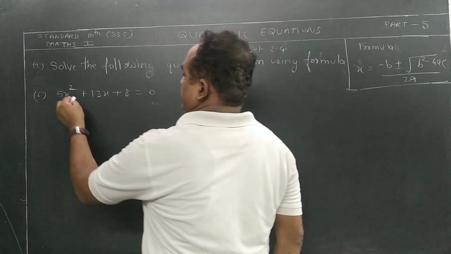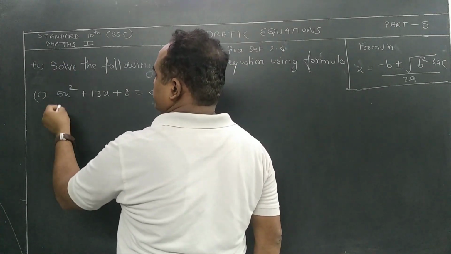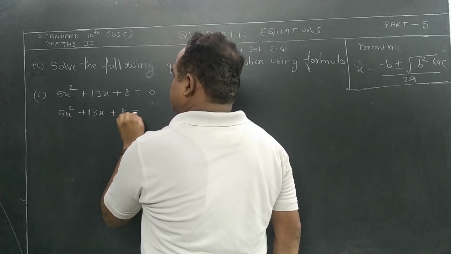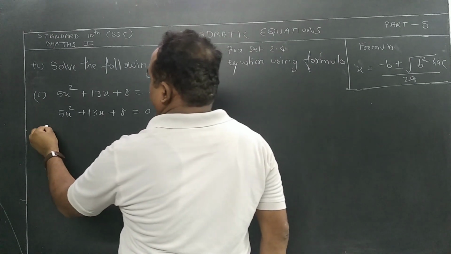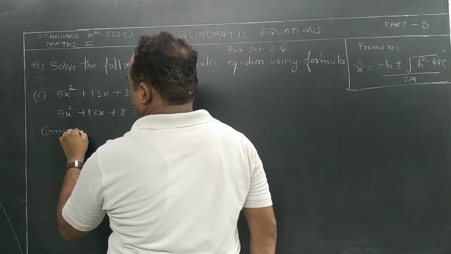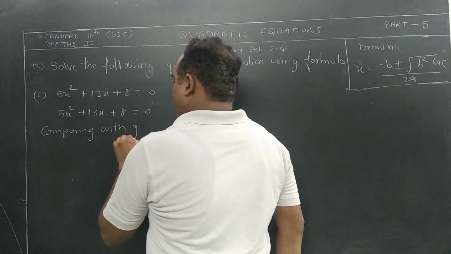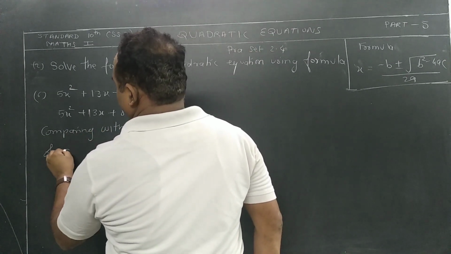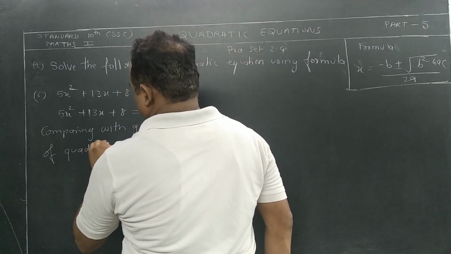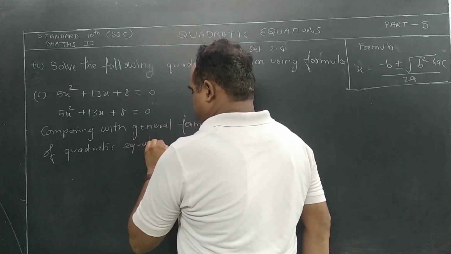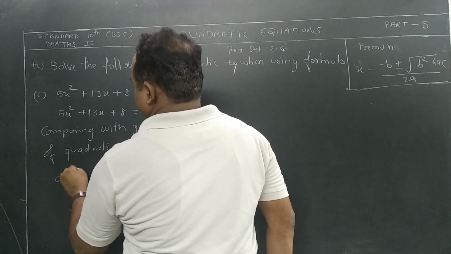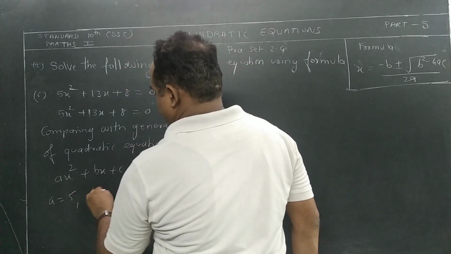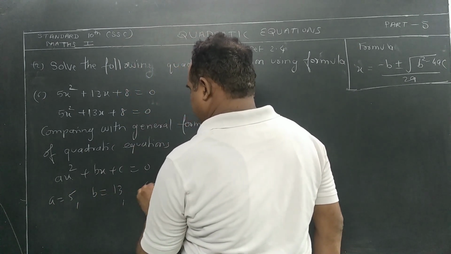Now, the next question is 6-1, the last question of this particular exercise. Now, 5x square plus 13x plus 8 is equal to 0. Then you are going to write, comparing with the general form of quadratic equation, that is ax square plus bx plus c is equal to 0, the value of a is 5, b is 13 and c is 8.